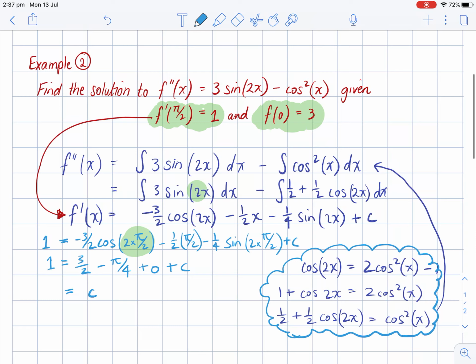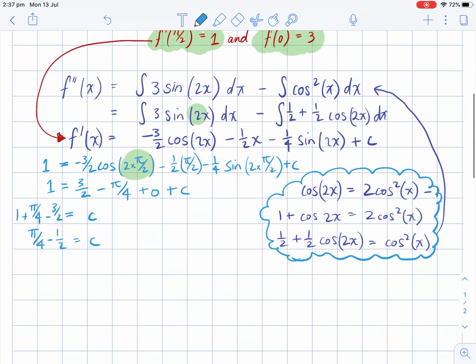So c will be equal to 1 plus pi on 4 minus 3 on 2, which is pi on 4 minus a half. All right, so I've got my c value.